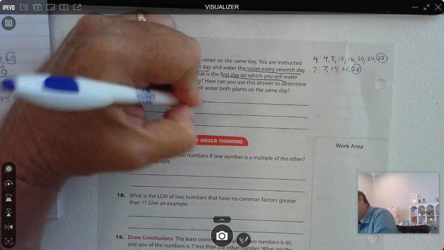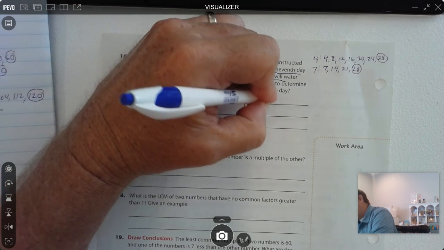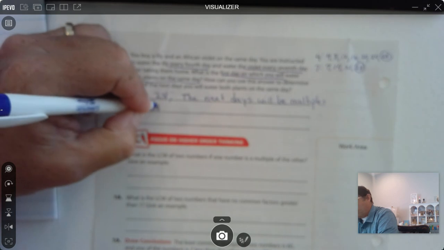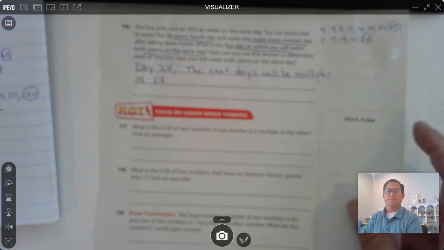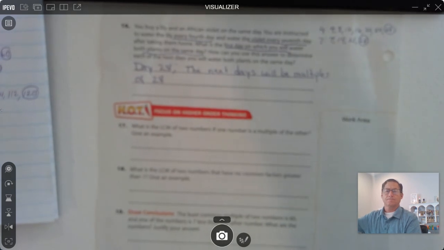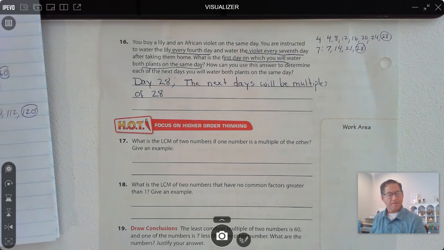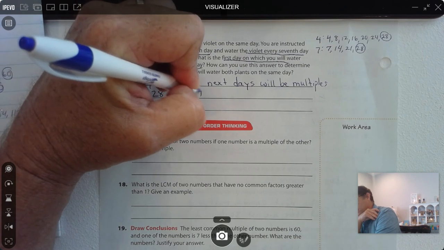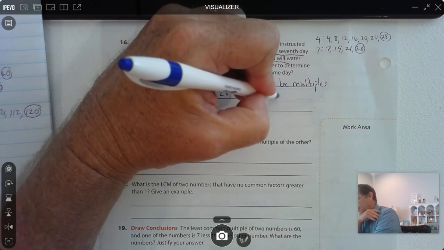The next days will also be multiples of 28. So day 28, 56, 84, and so on.